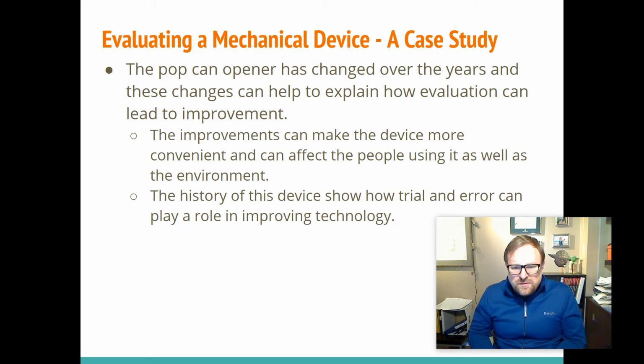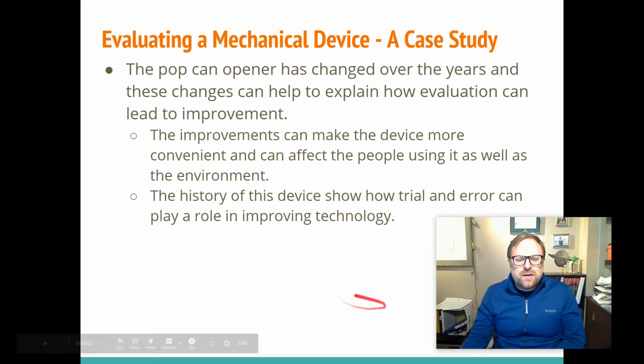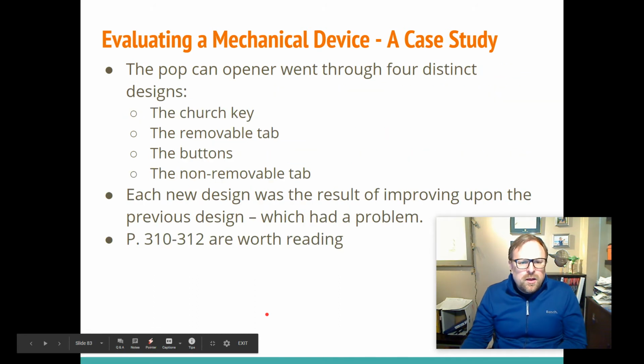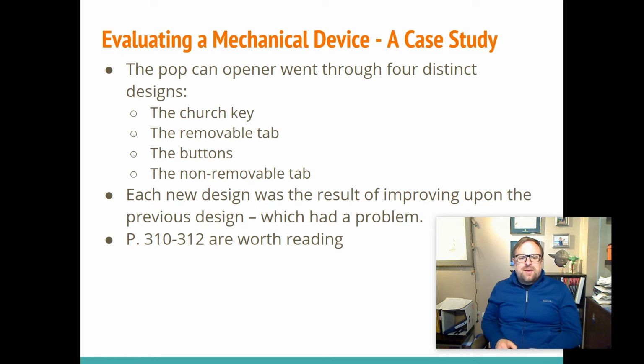The history of this device shows how trial and error can play a role in improving technology. The pop can opener went through four distinct designs. Okay, and by the way, this is based off of pages 310 through 312 of your textbook. So if you wanted to have a look at that when we're done, it might fill in some of the blanks here.